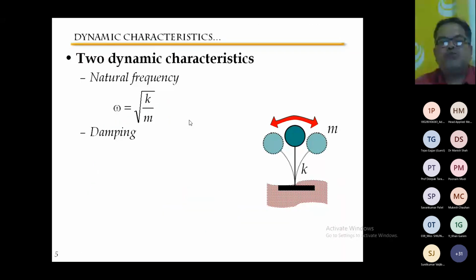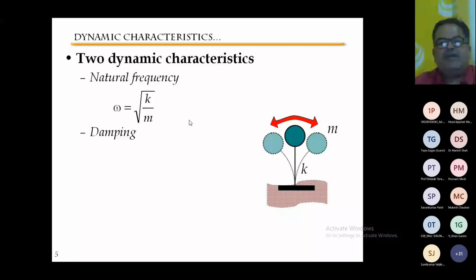And when we talk about this, then the most important term we must know is the natural frequency, right? So we are knowing the natural frequency, that is omega is equal to square root of k by m, or you can say this is the circular frequency we have.